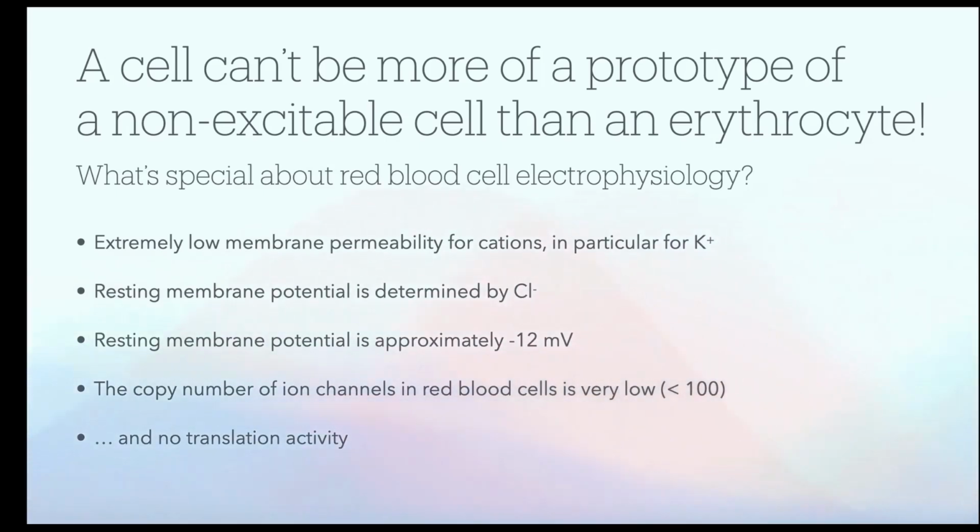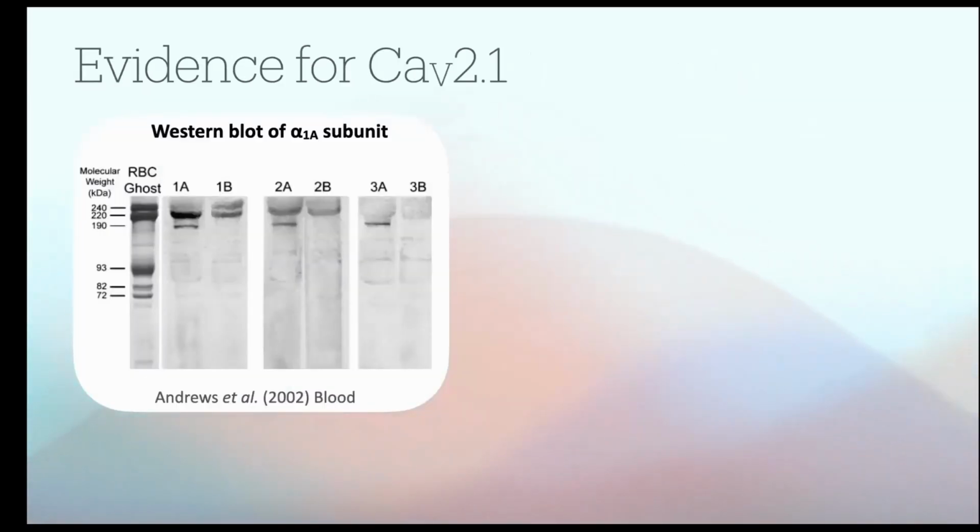So whatever the cell has, or most of the things the cell has, needs to be there from the very beginning. And, well, I also try to keep my presentation simple. So I will mainly talk about 2 ion channels only, with a very few exceptions where I make reference to other channels. And I'd like to start with the evidence for the CaV2.1.